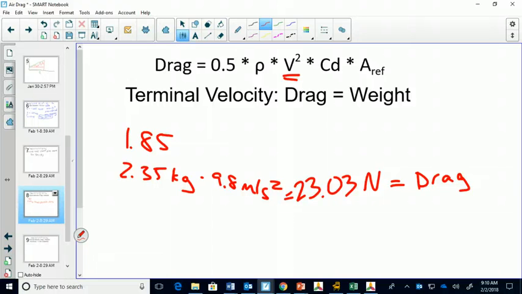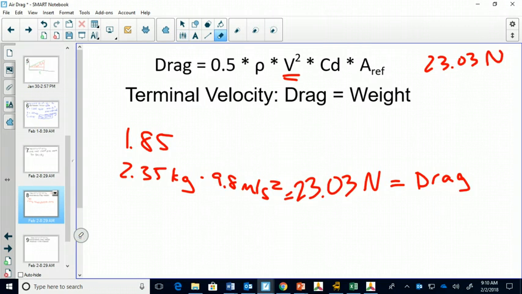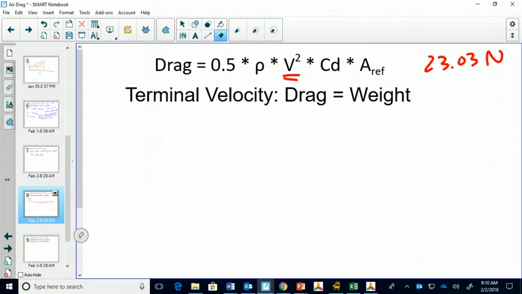Okay, so can we calculate this velocity? Can I switch this equation around to get v by itself? Can I do that first before we go anywhere else? I'll put this over here, 23.03 newtons. Because again, I prefer to change the equation around first before I plug in numbers. If you prefer the other way, that's fine. But I think it's easier to do.